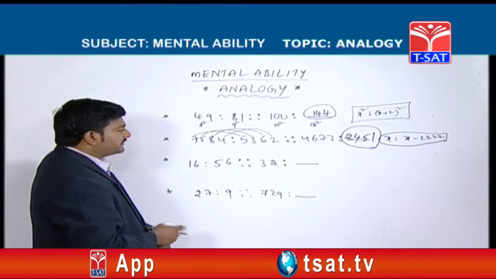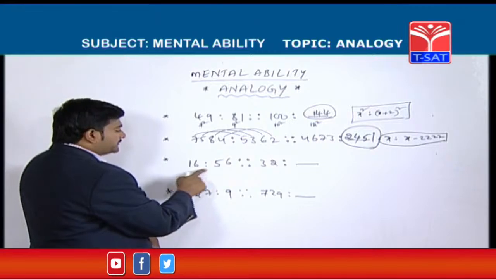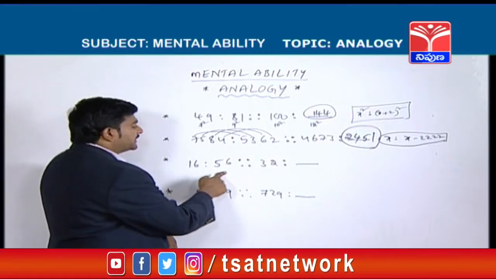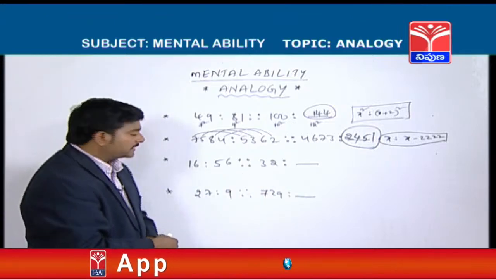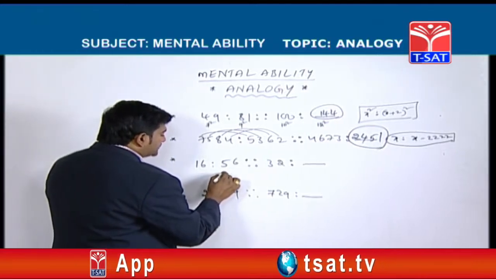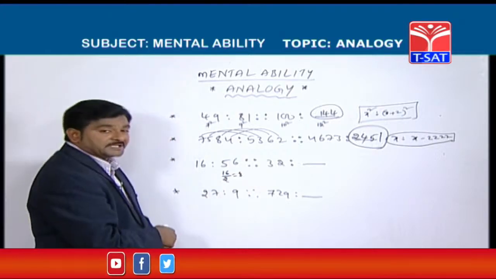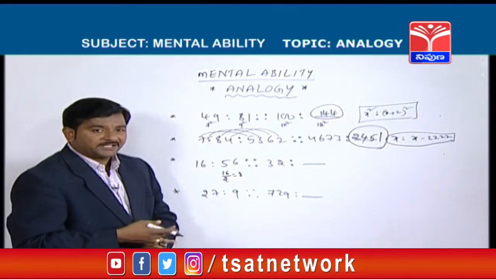You may think in a different way, but what I thought is 16 is to 56. 16 is to 56 as 32 is to dash. What does it mean? Let's say 16, half of the 16. Half of the 16 means what am I getting? 8 I am getting.